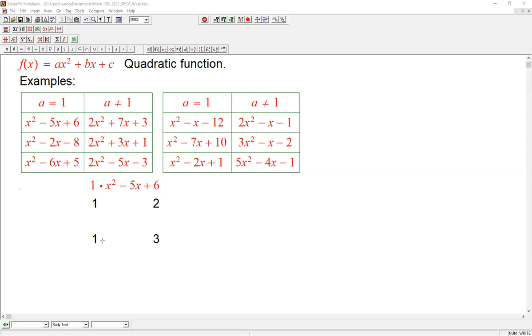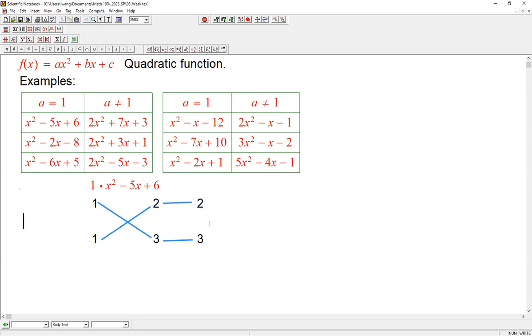What I do is the cross multiplication. 1 times 2 equals 2, and 1 times 3 equals 3. What do I do about these two numbers, 2 and 3?